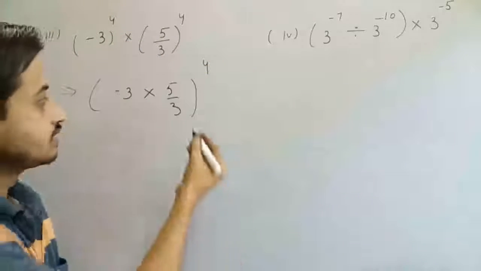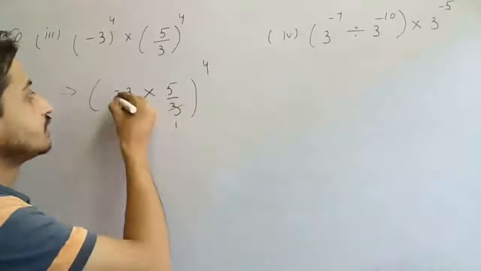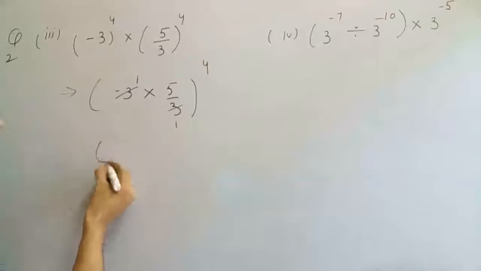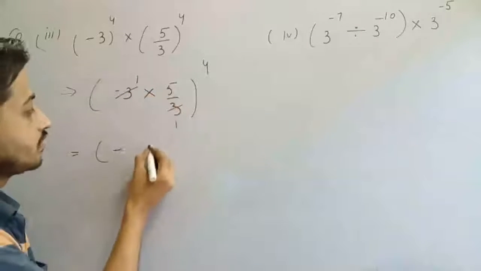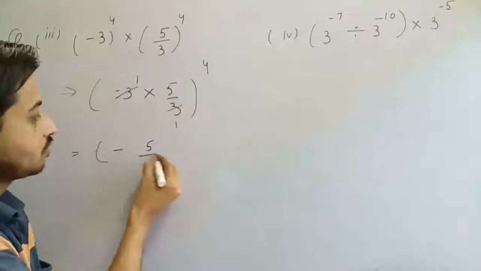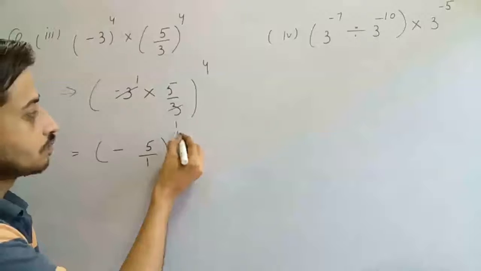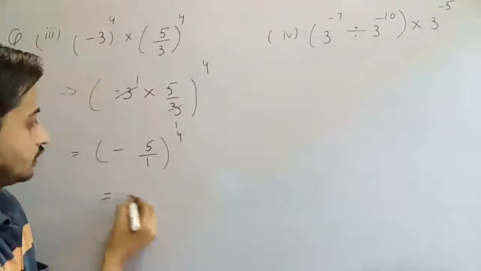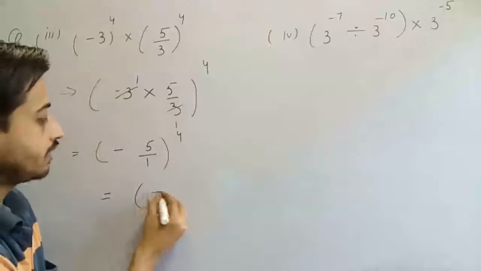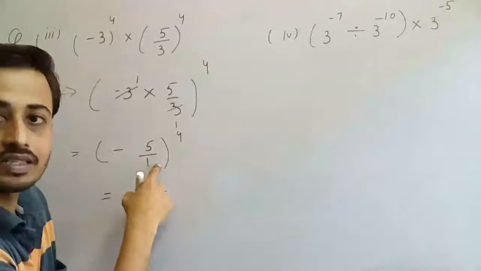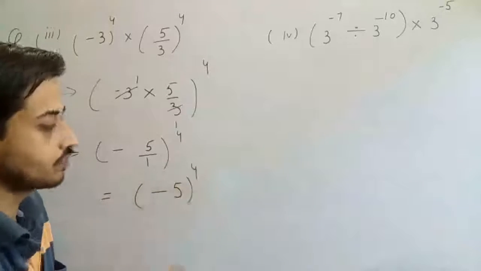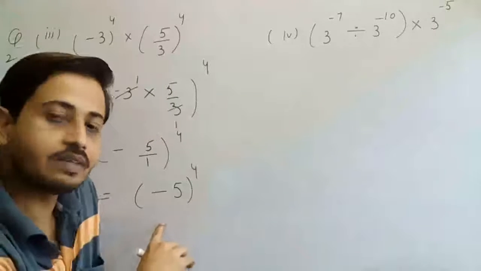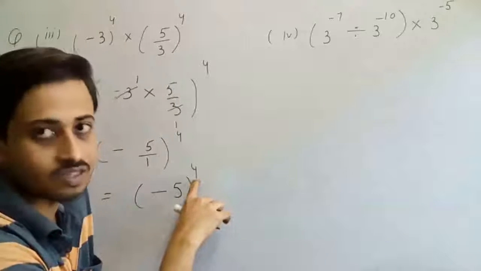Now you get it, cancel out, 3 ones are 3, 3 ones are 3. Now this negative comes as it is, 1 into 5 we get 5 divided by 1, the whole raised to the power 4. So this can also be written as 5 by 1 is basically 5. So minus 5 raised to the power 4. Now the exponent is negative, power is even, 4 is even.